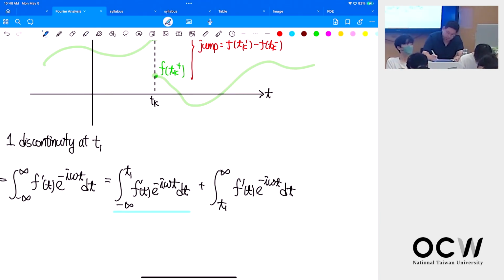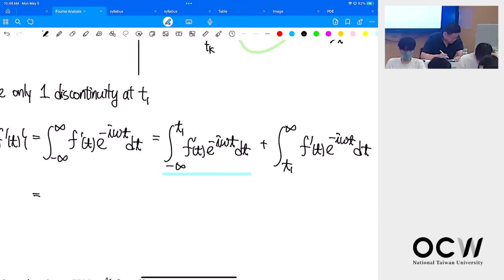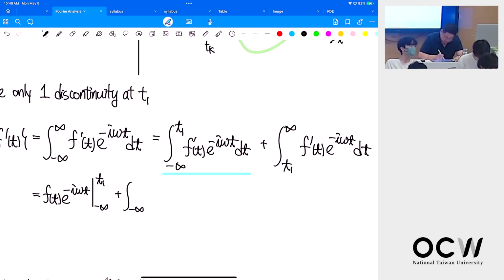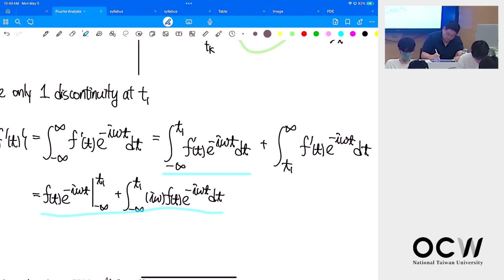For the first one, I have f of t e to the minus i omega t, where t is from minus infinity to t1. And I do the integration from minus infinity to t1 of i omega f of t. This is the first part.